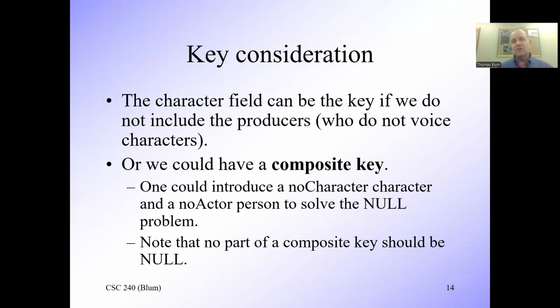So one thing you could just do is make a new key. And okay, sometimes that's what one does, but sometimes what we're going to do in normalization is start to try to figure out how to break this table into pieces to get rid of the redundancy. If you just introduce a unique key, that solves that problem, but it doesn't really solve the redundancy problem.